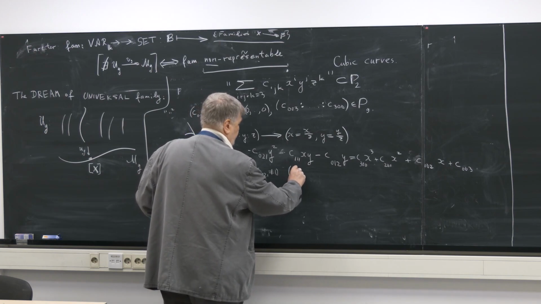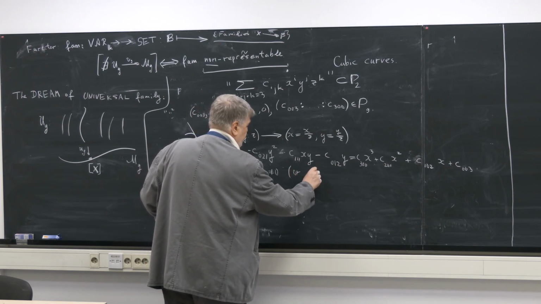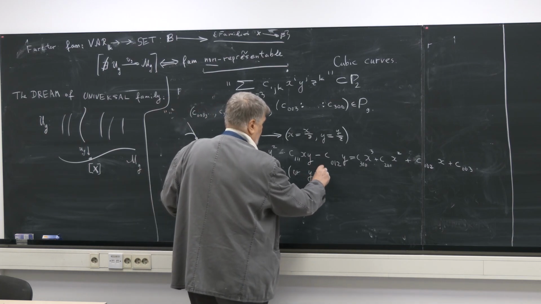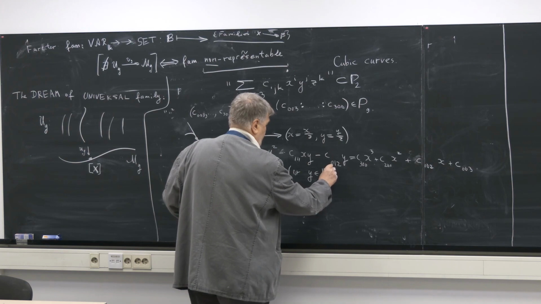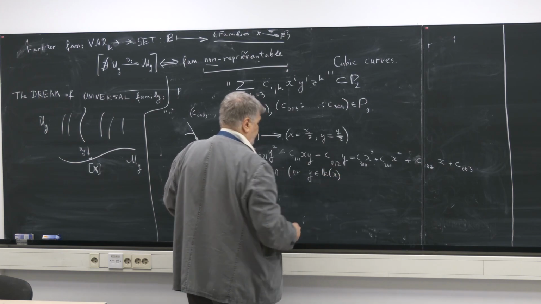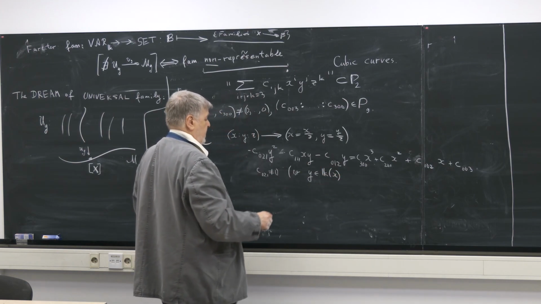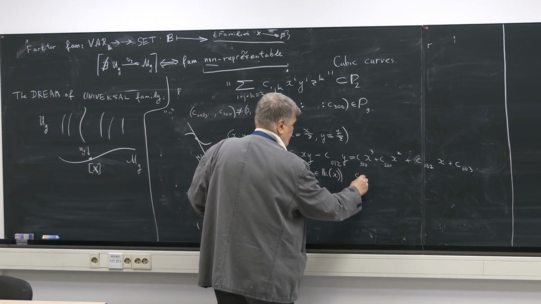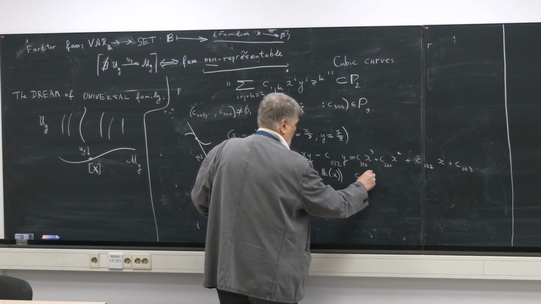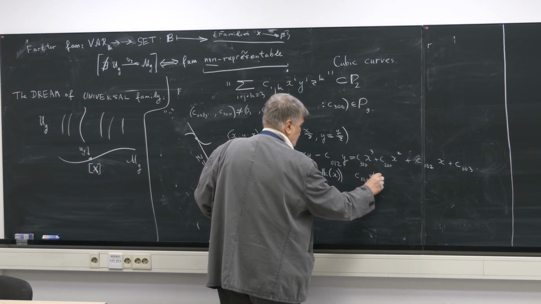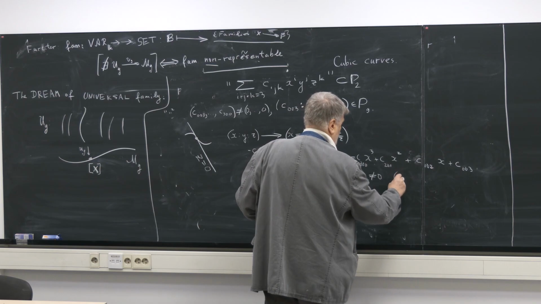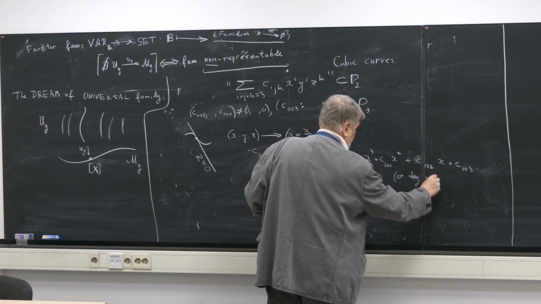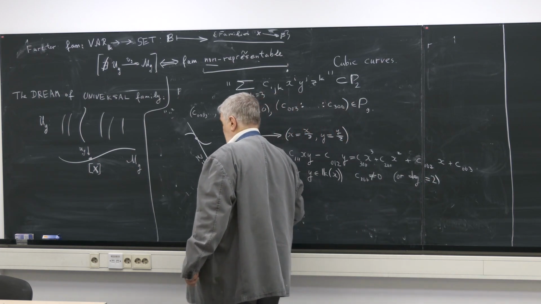Otherwise, y is only in the first degree, and would be like this. And in the same way, C300 is also non-zero. Otherwise, the whole degree would be 2.